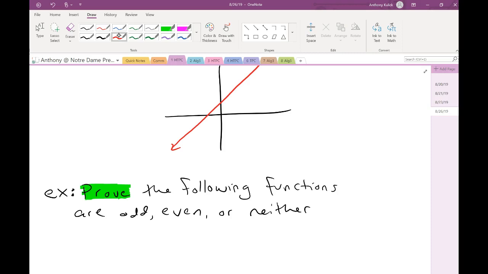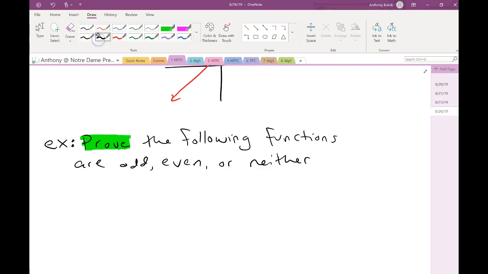That algebraic description. Everybody okay with that? Now, is looking at the graph useless? No, it can certainly tell you which one of the three you should be shooting for immediately. Which makes it a worthwhile thing to look at, but not the end-all, be-all. Let's do some examples here.